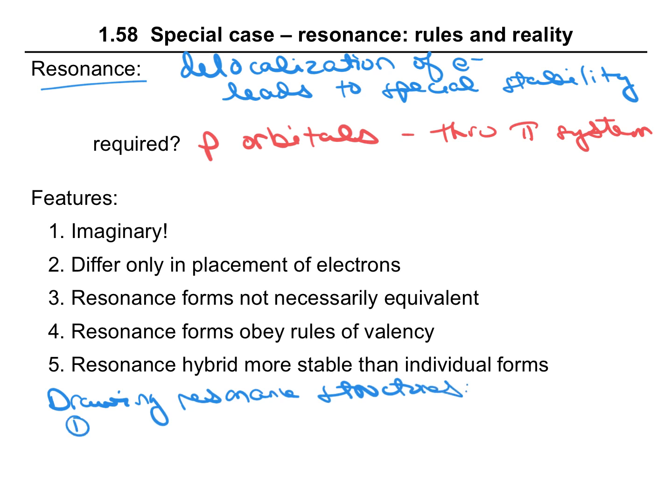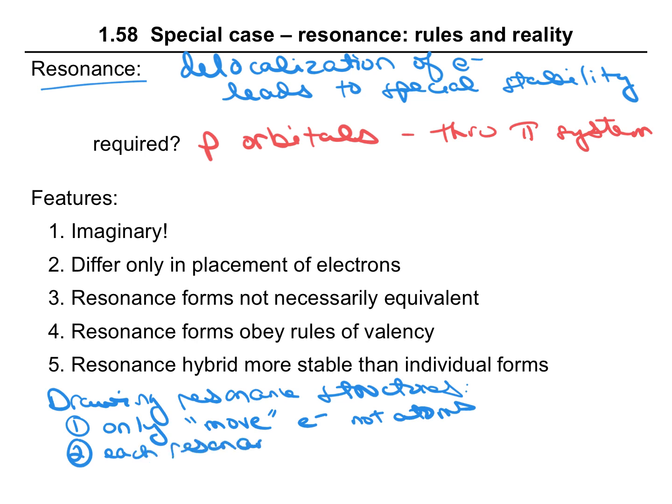we need to make sure that we only move electrons, and that movement is in quotes because it is the imaginary movement of electrons, but we're only moving electrons, not atoms. Each resonance structure must be a valid Lewis structure.